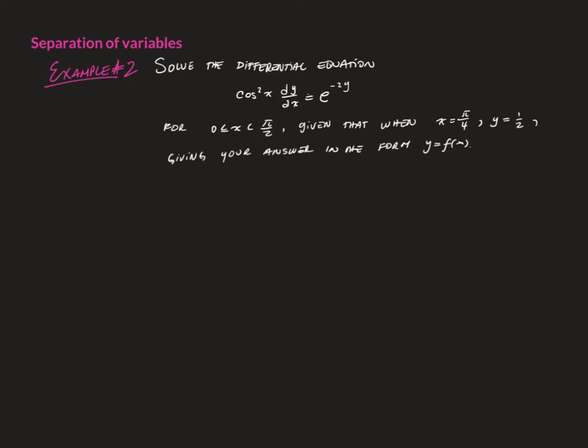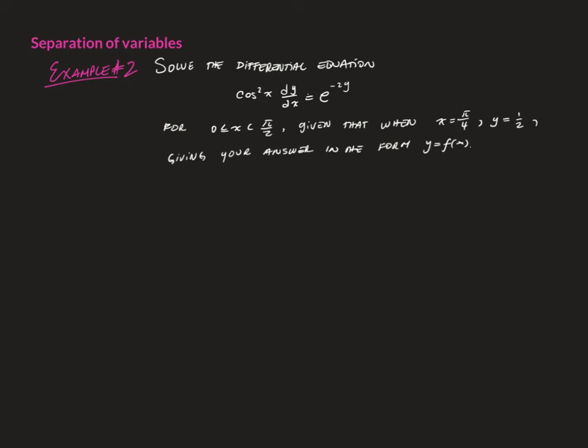Let me show you a second example. Solve the differential equation cosine squared of x times dy over dx equals e to the power of minus 2y. Now, it's not always necessary for you to move everything to the right hand side first. You can always start separating the variables right away.